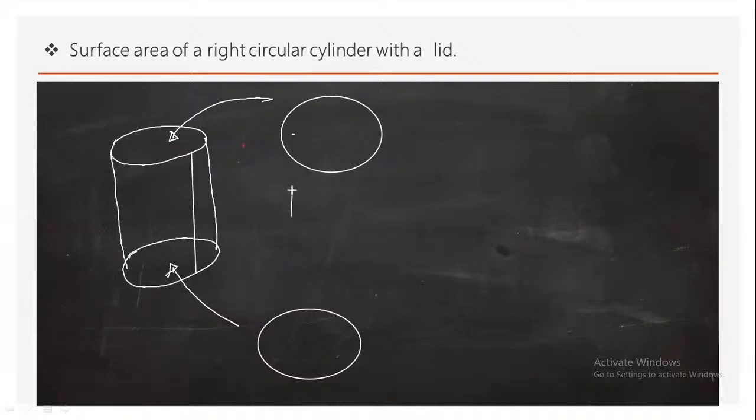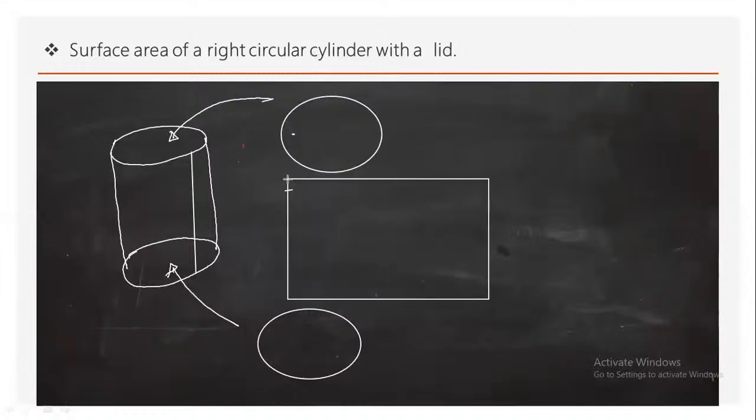It appears as a rectangular shape, like a half sheet. First I remove these two lids, then the remaining middle curved surface, I cut using one of the generators and open it like this.